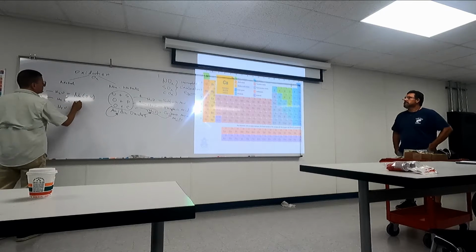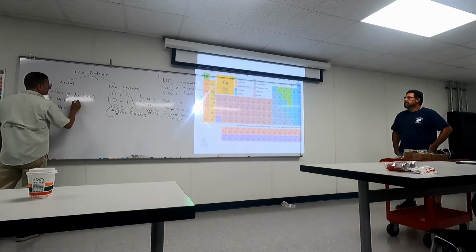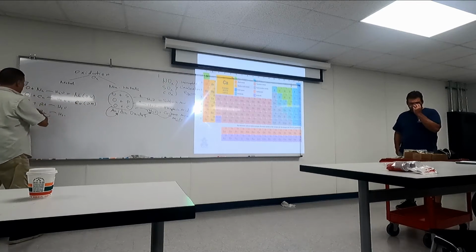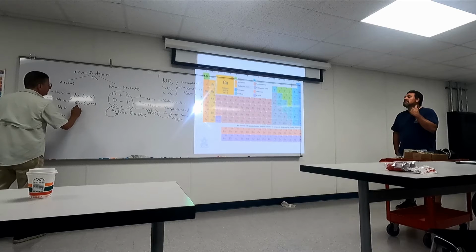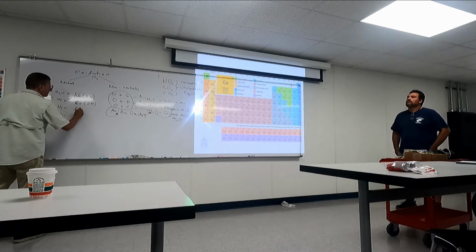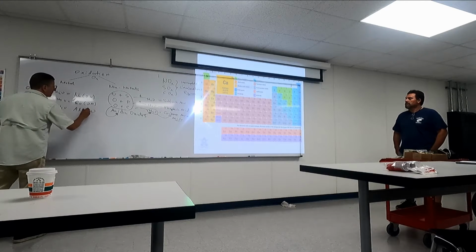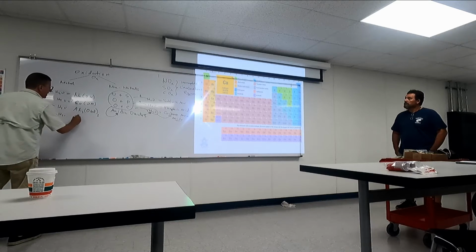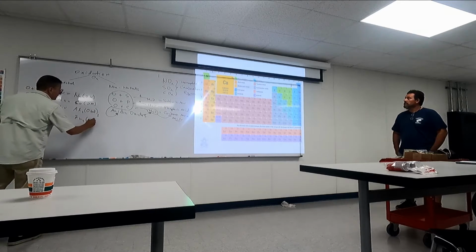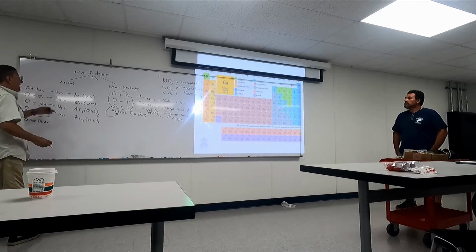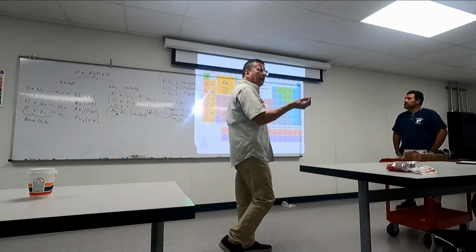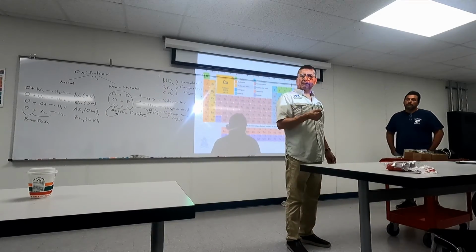hydroxide of calcium, hydroxide of potassium, hydroxide of aluminum, hydroxide of zinc. Yeah, hydroxide. The hydroxides are like a white powder.